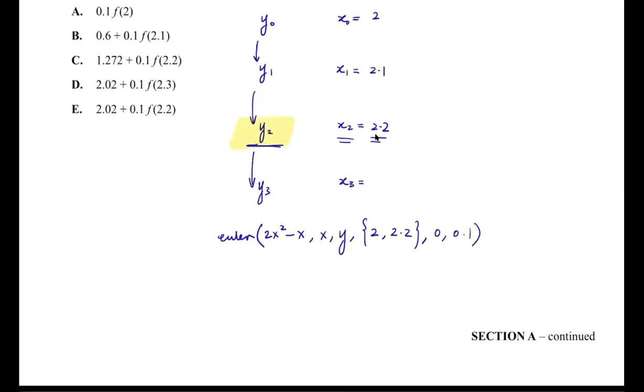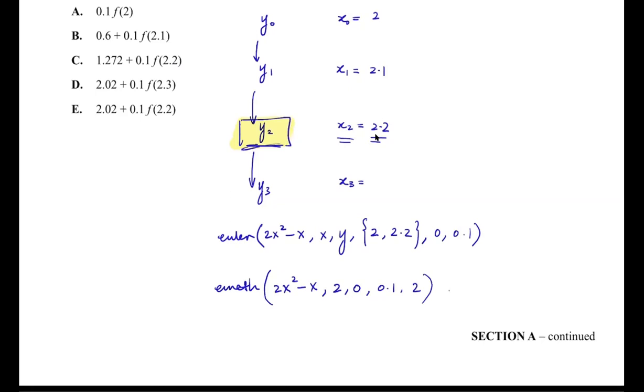On Casio ClassPad, if you downloaded eMath from a gentleman's website, his name is Charlie Watson, you should be able to use eMath. 2x squared minus x, comma, what is my x0? 2, y0, 0. And the step length is 0.1. Finally, I need 2 steps in this case. Okay?